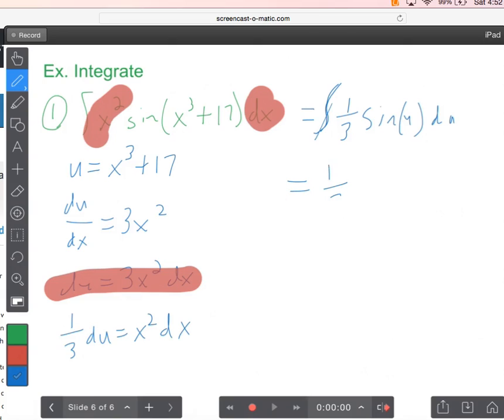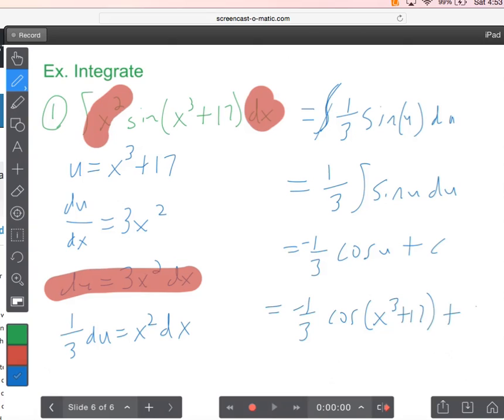So in particular, I can move the 1/3 out in front of my integral sign. The antiderivative of sine of u, we know, is negative cosine of u plus c. And then, again, we substitute back in what u was originally equal to, x cubed plus 17, to get our final answer.